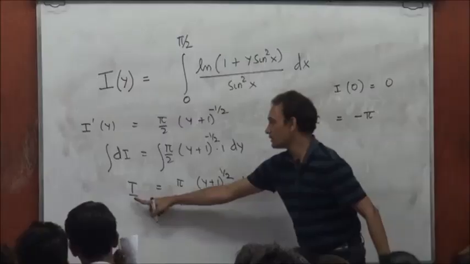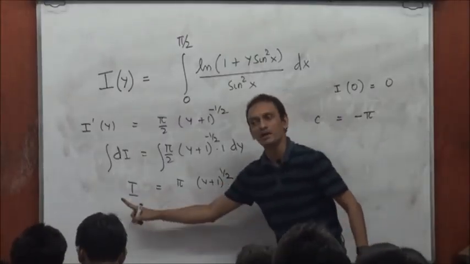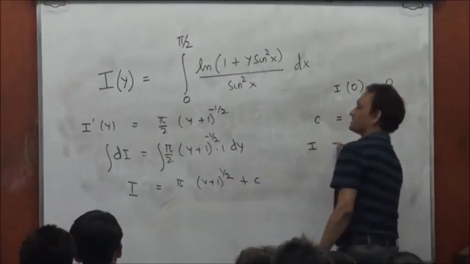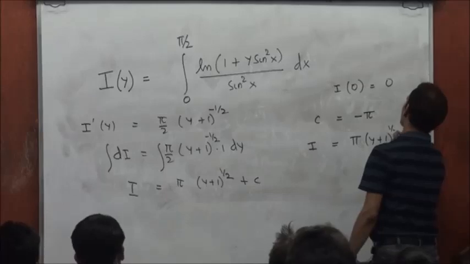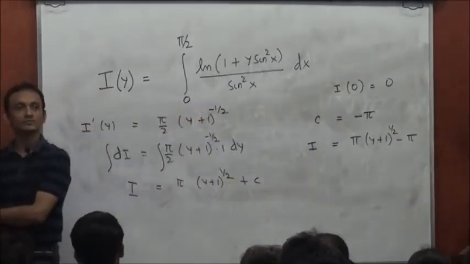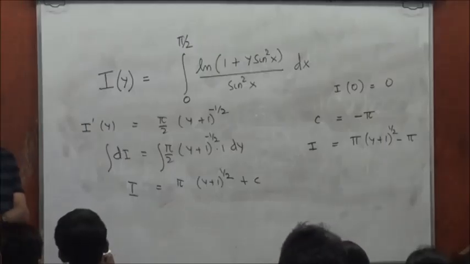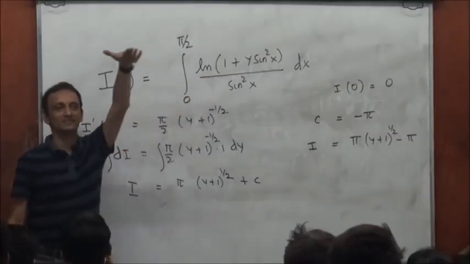Since y is 0, I is 0, C then will become minus pi. Therefore, I then is pi times y plus 1 to power half, minus pi. And if you again try to evaluate it over its limits and integrate this, God bless you.